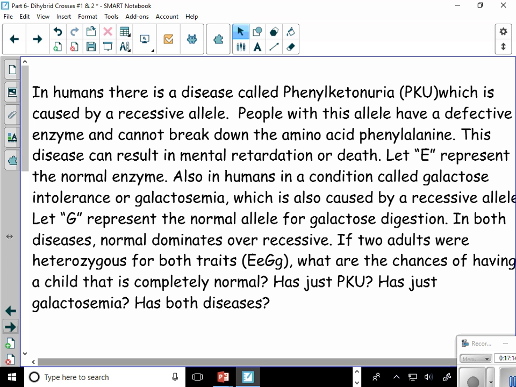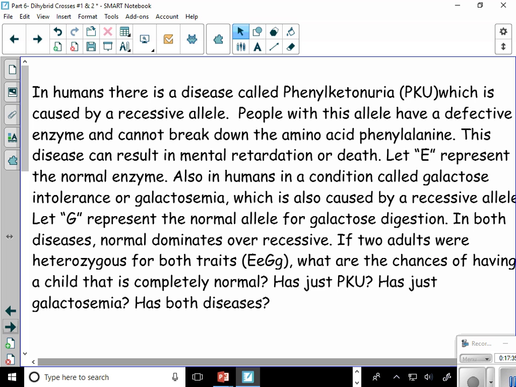If two adults were both heterozygous for both traits, what are the chances that a child is going to be completely normal, that the child has PKU, that the child has galactosemia, or that the child has both diseases?